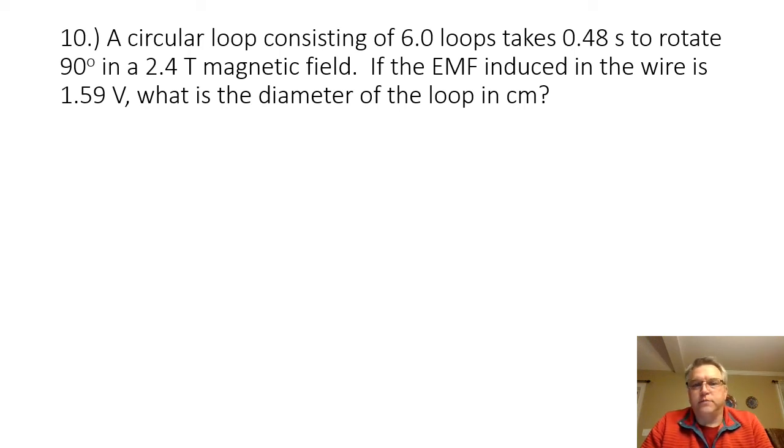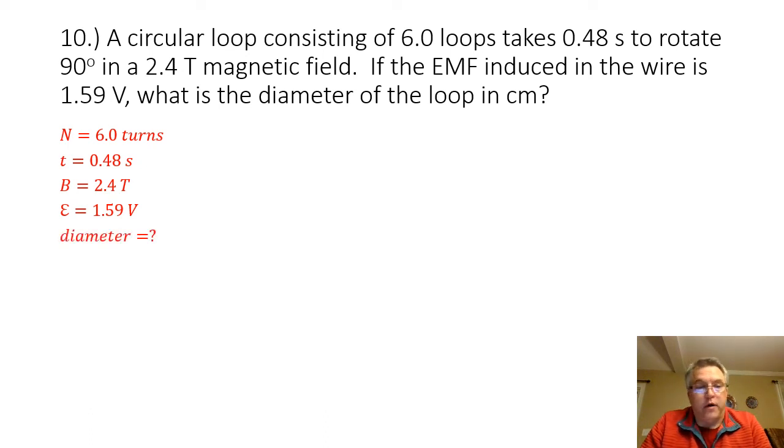So in this problem, we are given the number of turns, which is 6. We're given the time it takes to rotate 90 degrees, which is 0.48 seconds. We are given the strength of the magnetic field, 2.4 Tesla, and the EMF induced in the wire, 1.59 volts. And we're being asked to find the diameter of the loop.